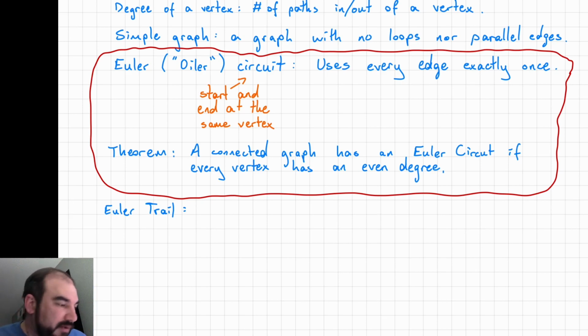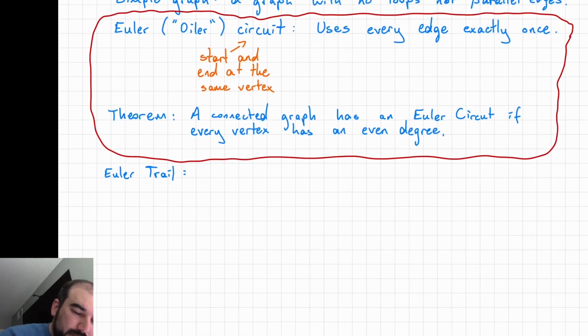We'll define what it is, and then we'll have a theorem for when there is and when there isn't an Euler trail. Euler trail follows the same naming scheme as an Euler circuit. So Euler essentially was concerned with using every edge exactly once. So an Euler trail also uses every edge exactly once. But the difference here is in the word trail, and I'll tell you what a trail is right now.